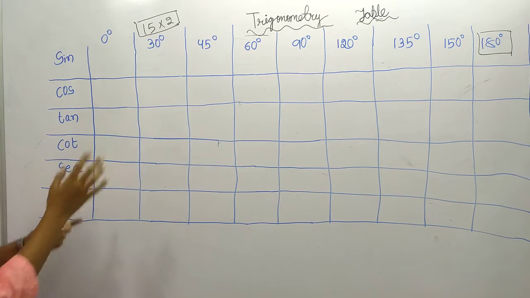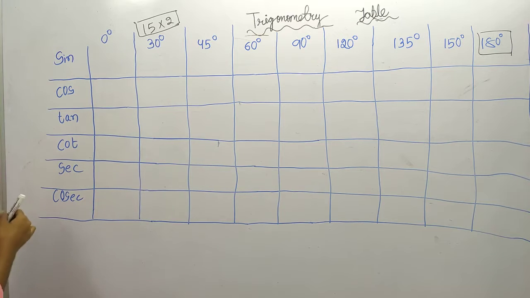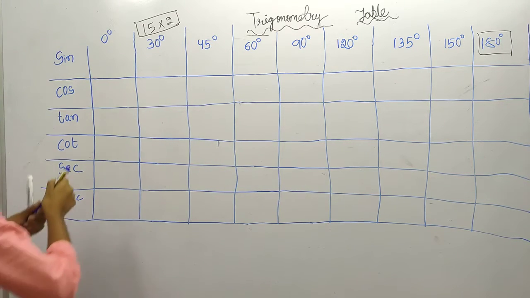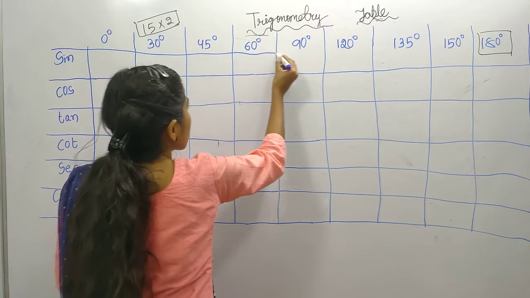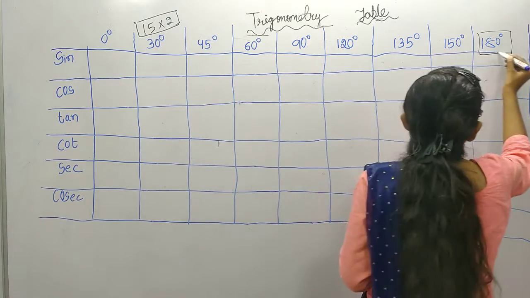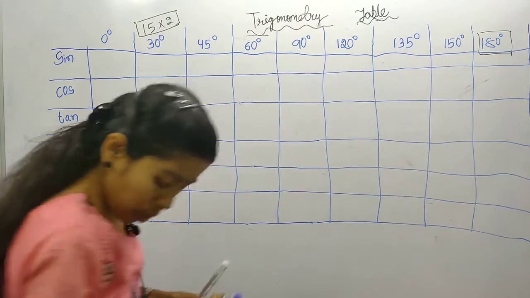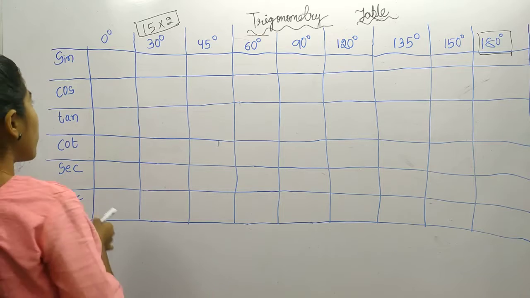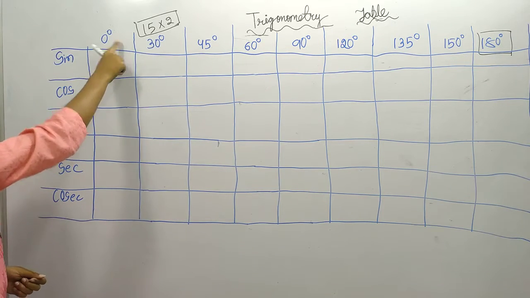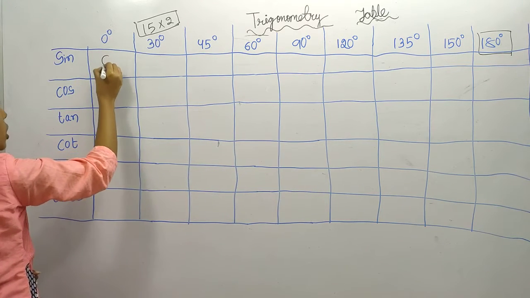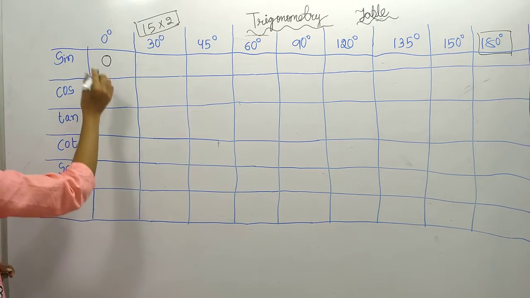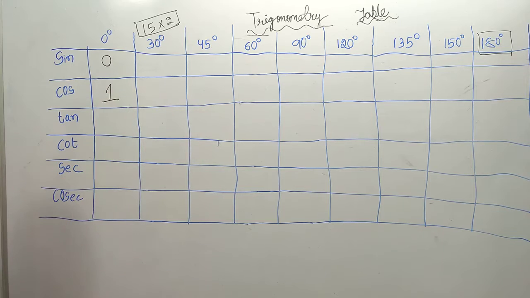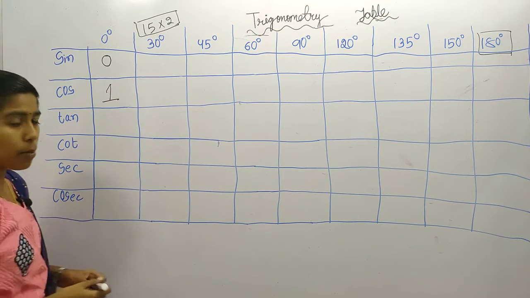Now let's see what will be the values. So remember sine 0 degree is 0. Okay, sine 0 is 0 and cos 0 is 1. These two values you have to remember.